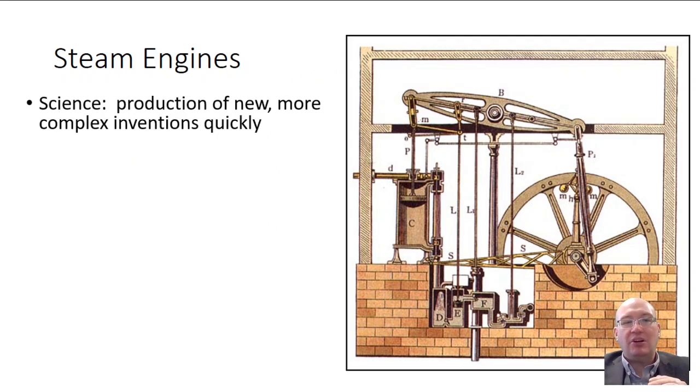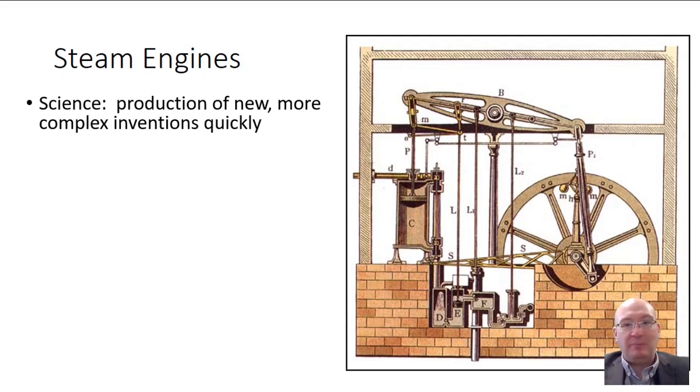Now, you'll recall that we talked about how science is great because it allows the production of new, more complex inventions quickly. And it doesn't get much more complex than a steam engine, right? In order to make a steam engine work properly, you have to have a deep understanding not only of physics, especially the physics of gas, right? Because a steam engine basically works using compressed air created by a fire burning some kind of fuel.